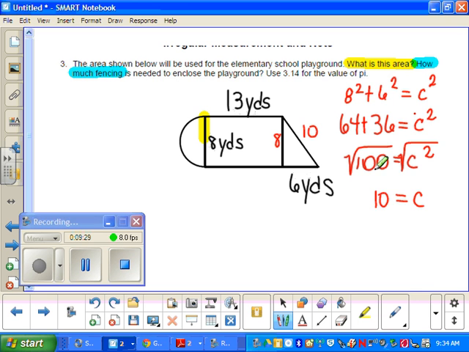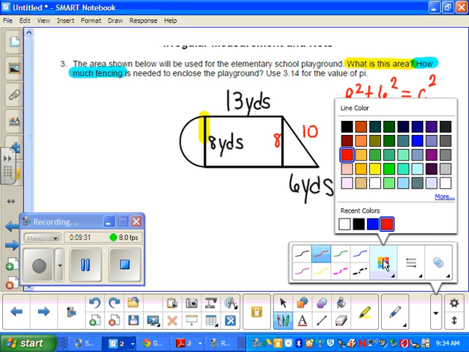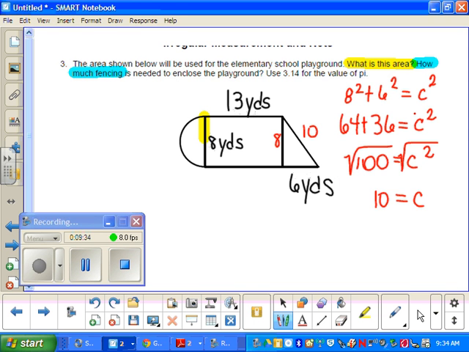I'm only going to have half of the circumference because I only have half of a circle. So I know the formula for circumference is C equals pi times D. Now, the diameter of that circle is 8 yards. If you notice, that would go all the way across the circle.